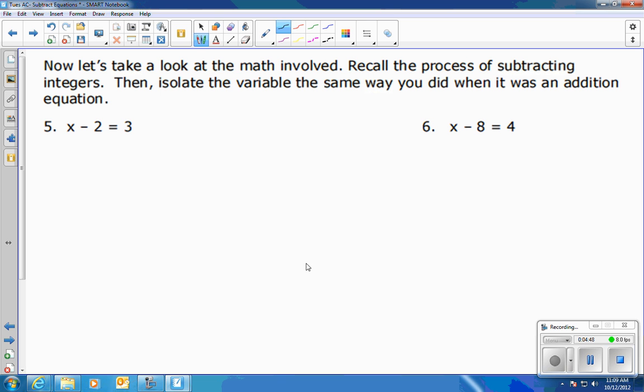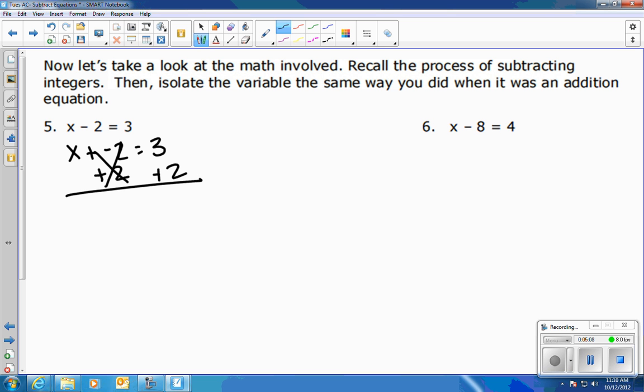Now sometimes you're just going to have to do it algebraically, which means the actual math steps. So remember, this is the same thing as x plus a negative 2. So how do you get rid of negatives? With positives. So you show that you add 2 to both sides.